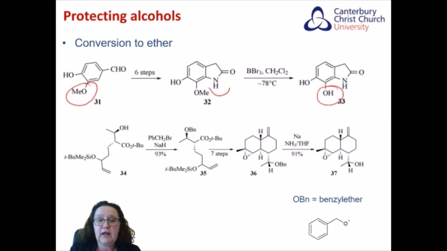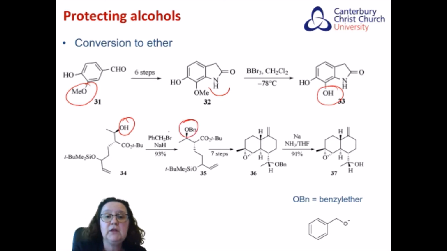The second reaction again involves the protection of an alcohol by converting it to ether. And in this case, you do not start with ether already. You start with a molecule that has a hydroxyl group, and you use OBn, which stands for benzyl ether, and that protects the hydroxyl group and makes it into an ether group.